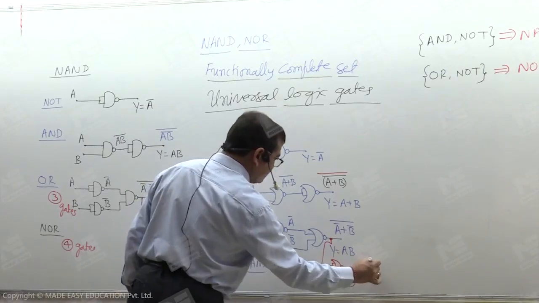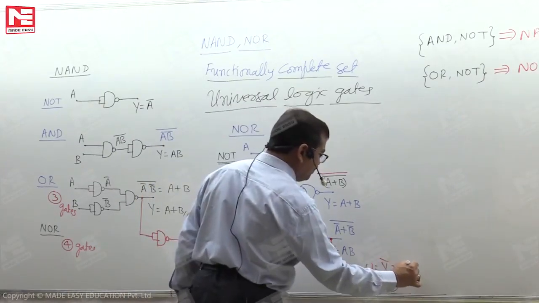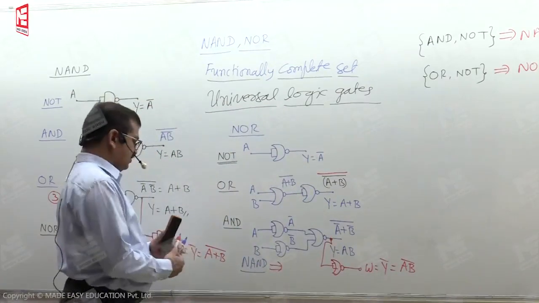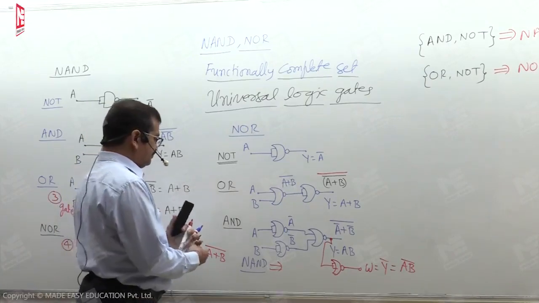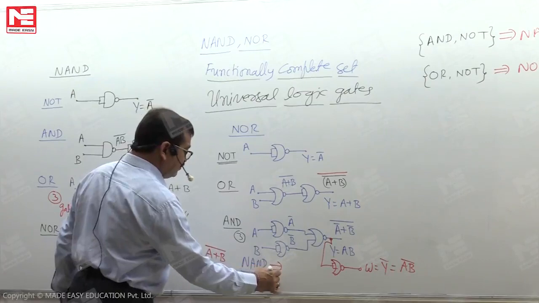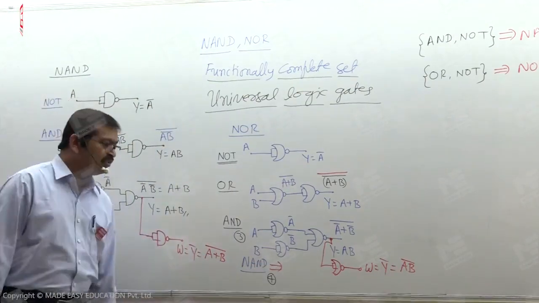So this, if you say Y is Y complement, it will be AB complement. Hence, for implementing AND, we are using 3 NOR gates. For implementing NAND, we are using 4 NOR gates.